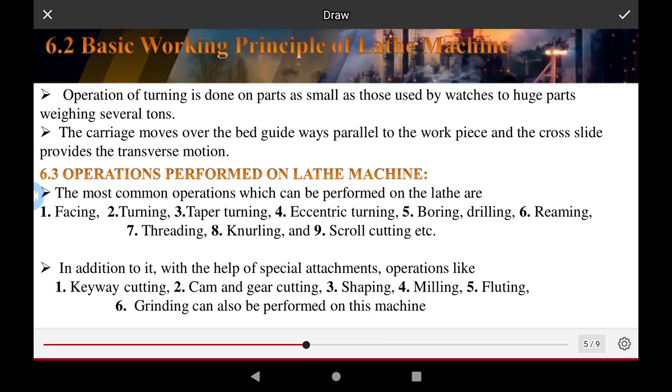In addition, with the help of attachments, operations like key cutting, gear cutting, shaping, milling, filleting, and grinding can also be performed on the machine tool.